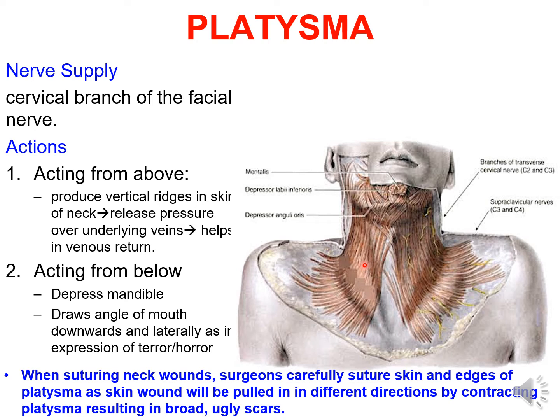This will help in releasing the pressure over the underlying veins, which further helps in venous return. Acting from below, the platysma muscle will depress the mandible and draw the angle of the mouth downward and laterally, as in producing the expression of terror and horror.